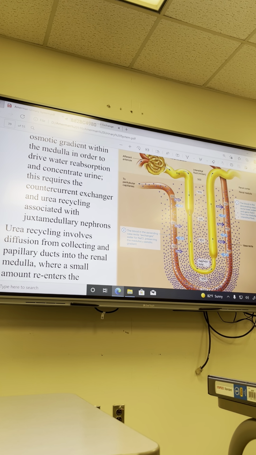Go up. Is it going up just a little? It is going way up. They're showing it going up to about 1,200 milliosmolar by the time it reaches the bottom. And there's some evidence that it actually goes up closer to 1,400, maybe even 1,600 in some nephrons, the juxtamedullary ones whose loop goes way, way down.